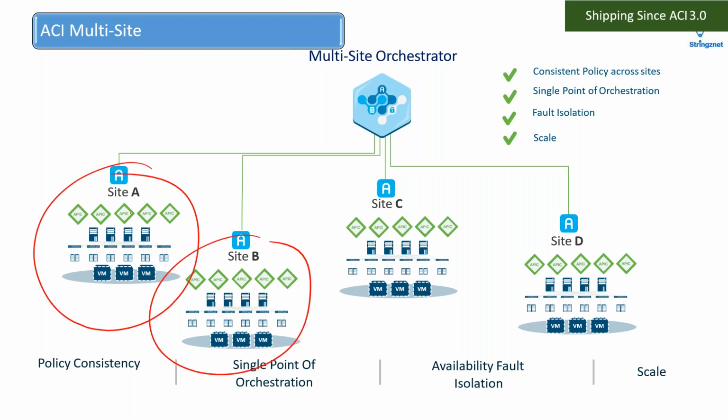Each site will have its own family of APIC clusters, and they will be managed from a centralized application tool called Multi-Site Orchestrator, with the help of which we will do our configurations in all the sites of our choice. There is a systematic approach of doing the configuration, and that is possible with the help of this tool. We can also call it the multi-site controller.